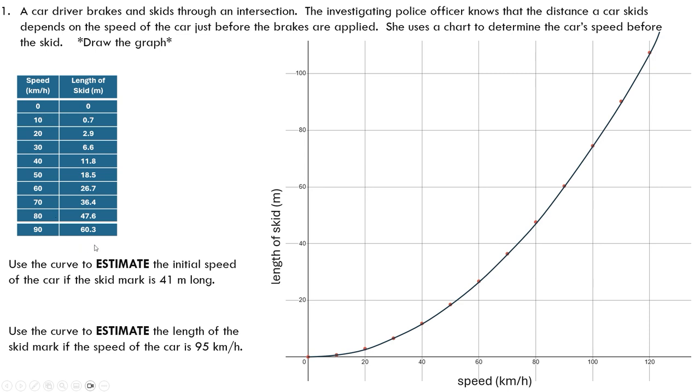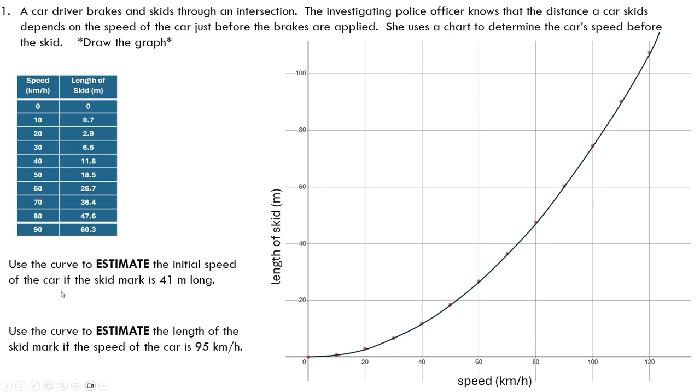So we can plot all these points on our graph, on our Cartesian plane, and we can use these various points to give us a little insight as to what's going to happen given a certain speed or a certain length of skid.